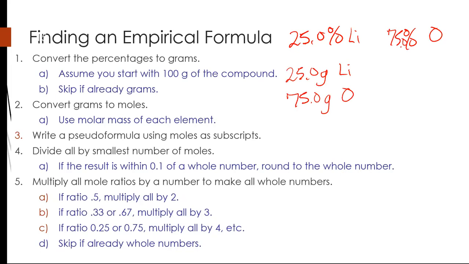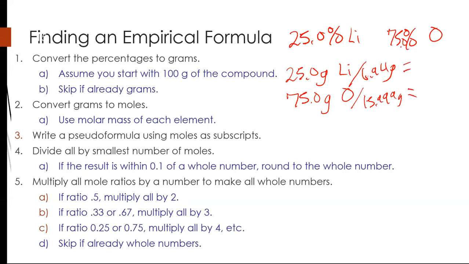Now that they're in grams, we can convert them into moles so we can compare them. So we can divide by their molar mass for each of them. We can use our 6.94 grams per mole for our lithium and our 15.999 grams per mole for our oxygen, and we can change these to our moles.